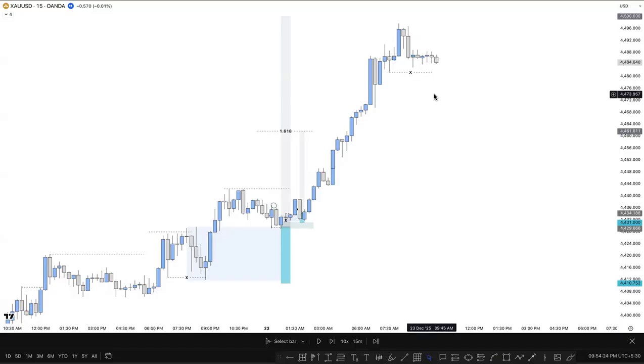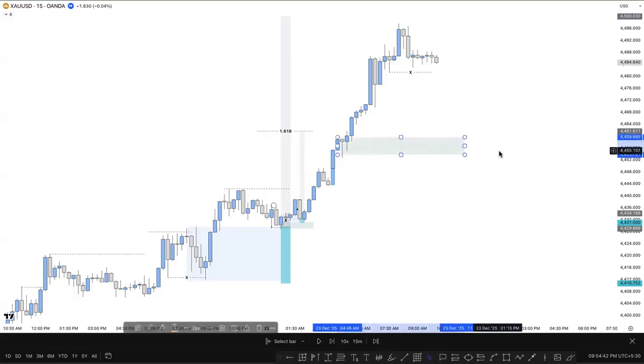And after taking out the inducement, we need to identify where the unmitigated order flow is in this case. You need to define where the possible order flow is. We have three unmitigated order flows here. First one is here. That means this is a valid pullback here. We can mark them as order flow. Next PY is here, this one right here. This is our last selling momentum before the buy right here.